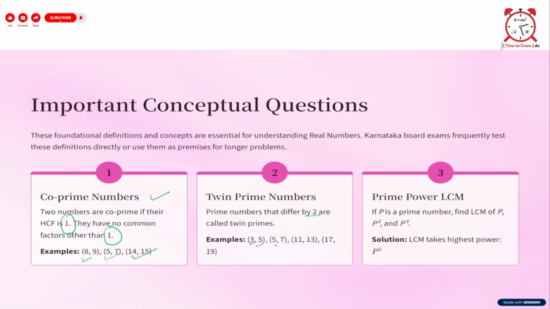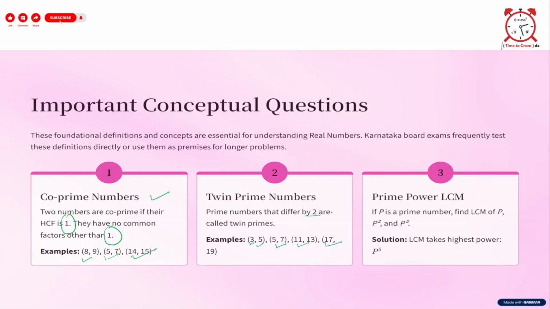In the same way, 5 and 7, 11 and 13, and 17 and 19 are prime numbers with a difference of 2. This is a challenge for you: if you find more pairs of twin prime numbers, then mention them in the comment box.